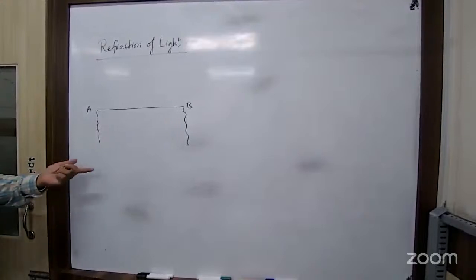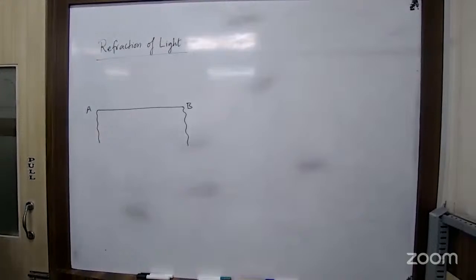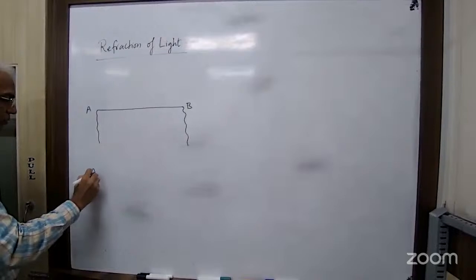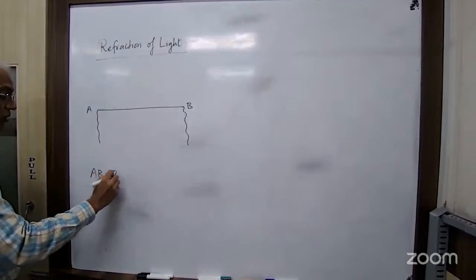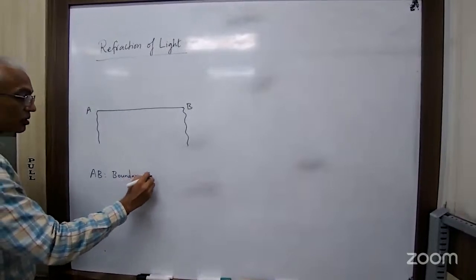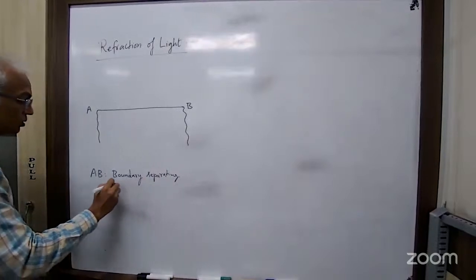There are certain observations in nature because of refraction of light that you have to understand. AB is the boundary separating two mediums.